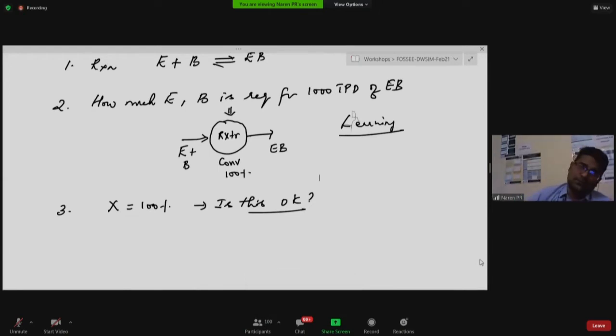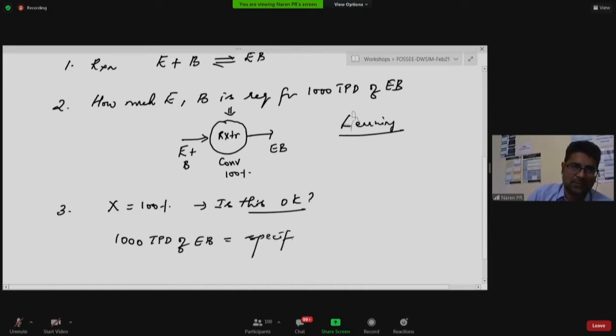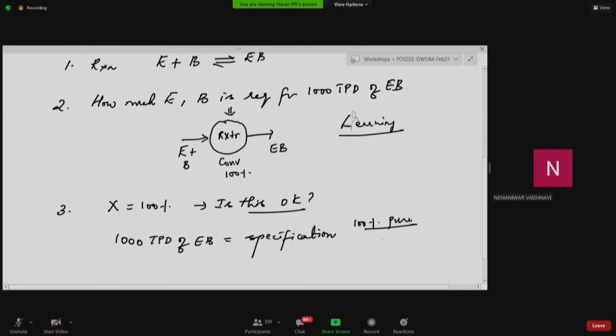The other, slightly connected question at this point is, we want to make 1,000 tons, let's say, of ethyl benzene. What would be the specification of that product? In the simplest sense, is it 100% pure? No, it has some impurities, obviously.